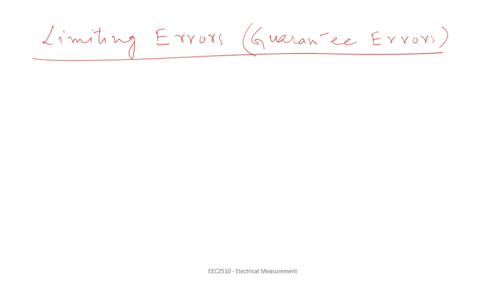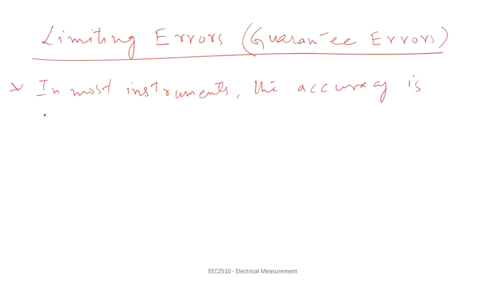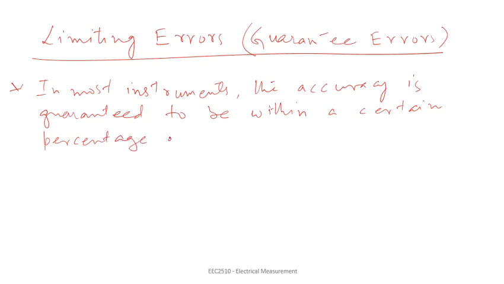Okay, so in most instruments the accuracy is guaranteed to be within a certain percentage of full scale reading. You can write it down: in most instruments the accuracy is guaranteed to be within a certain percentage of full scale reading.